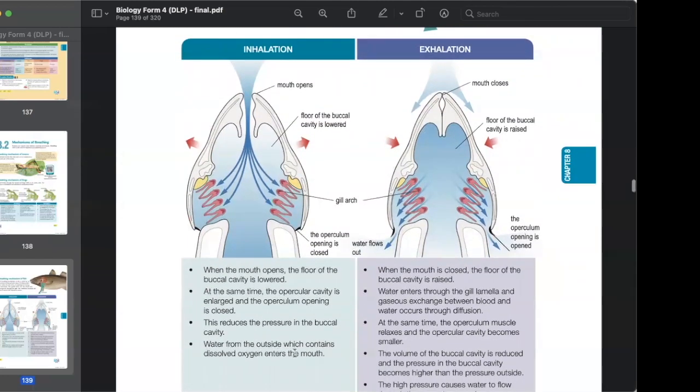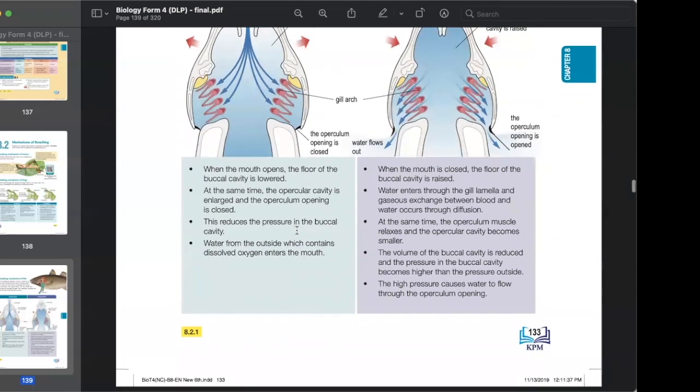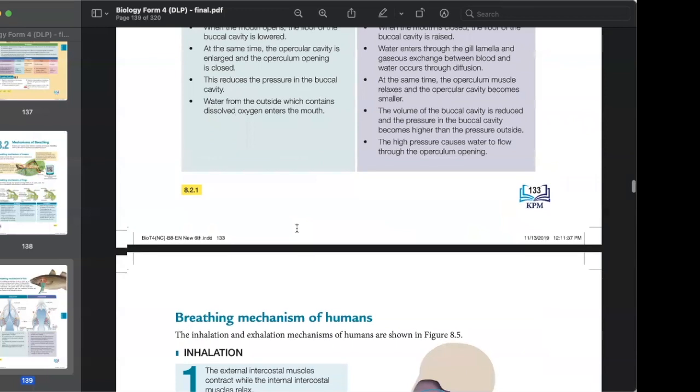The water from outside that contains dissolved oxygen enters the mouth and flows to the gill, filament, lamella and so on. So gaseous exchange will occur.